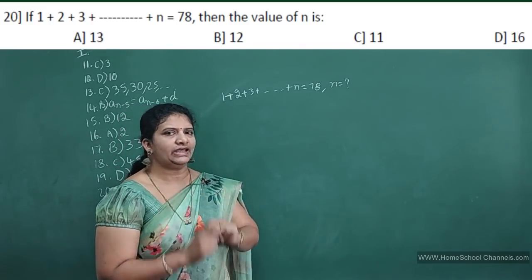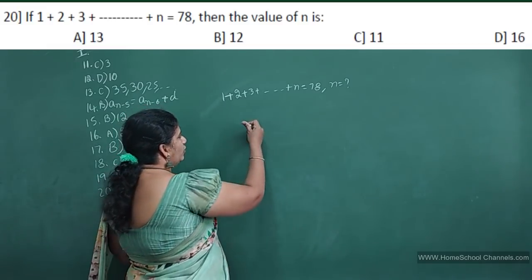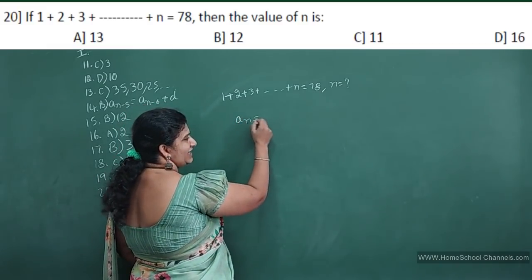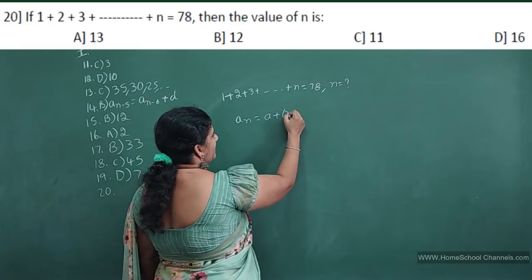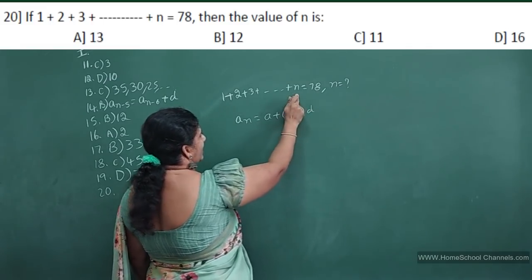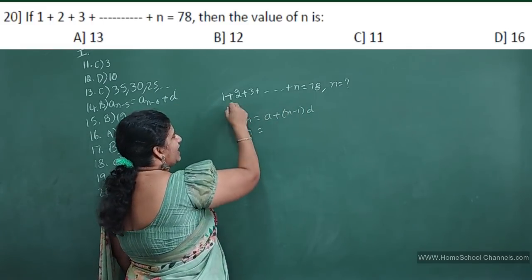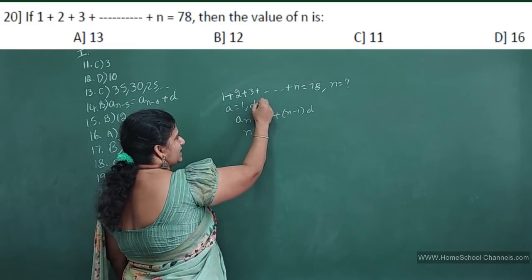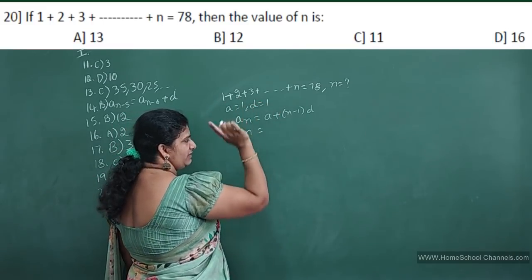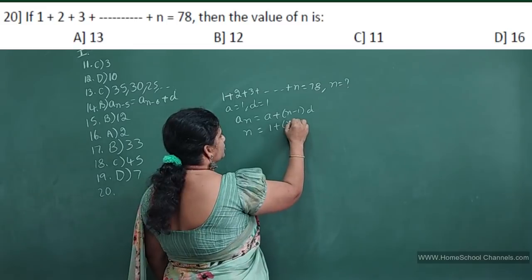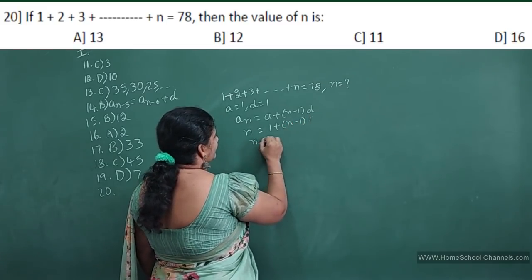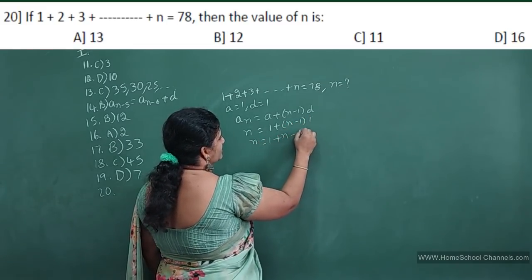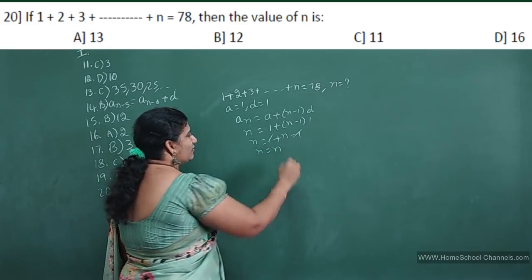Immediately you get confused there and go with the an formula. An is equal to a plus n minus 1 into d. An value is n, a value is 1 and d value is 1, 2 minus 1 will be 1. You substitute 1 plus n minus 1, and you are going to get n equal to n.